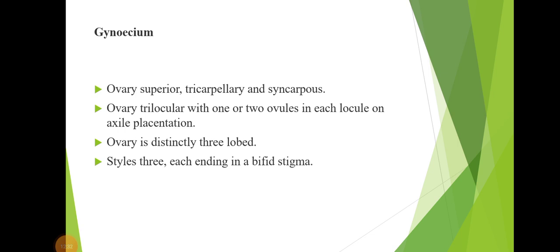See the gynoecium structure. The ovary is superior, tricarpellary and syncarpous. The ovary is trilocular with one or two ovules in each locule on axile placentation. The ovary is distinctly three-lobed, with three styles, each ending in a bifid stigma.